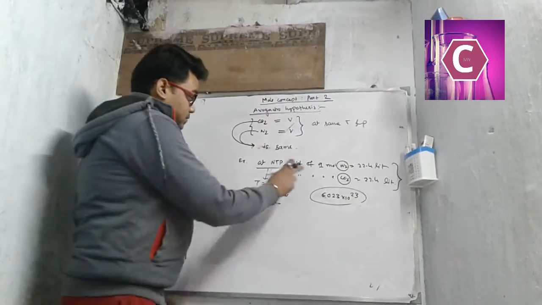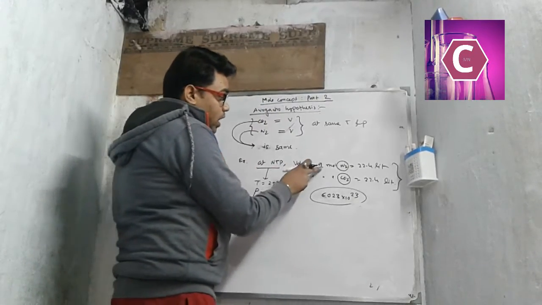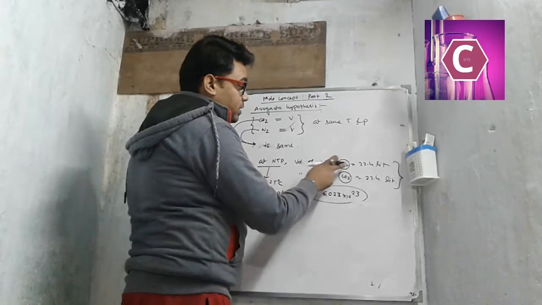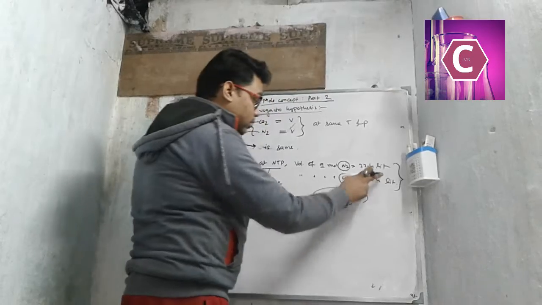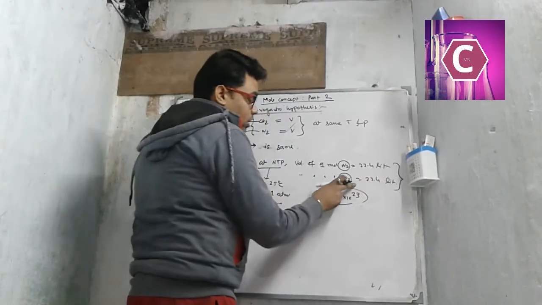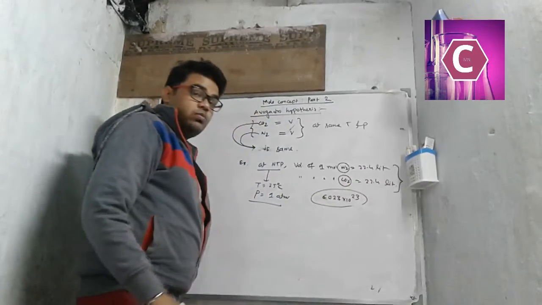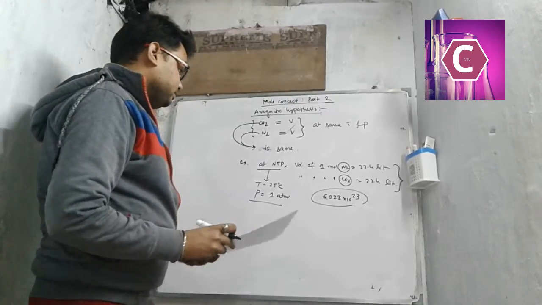That's why at NTP, 1 mole of nitrogen gas has 22.4 liter volume, and 1 mole of carbon dioxide has 22.4 liter volume.